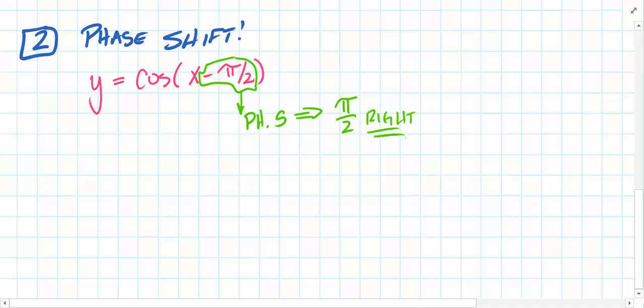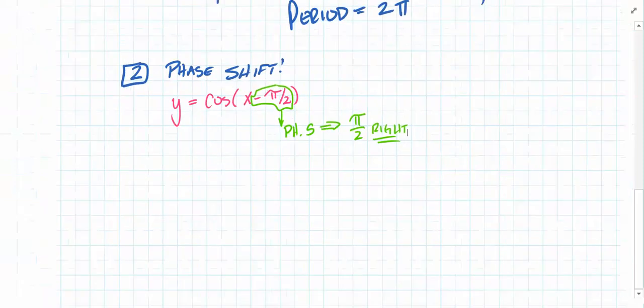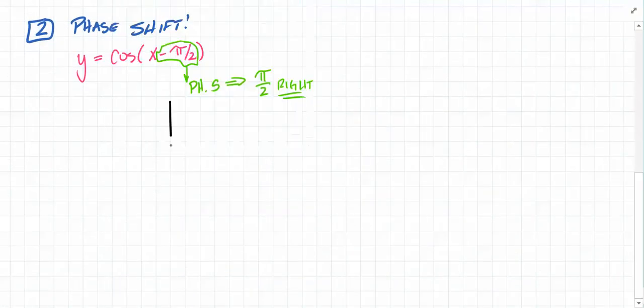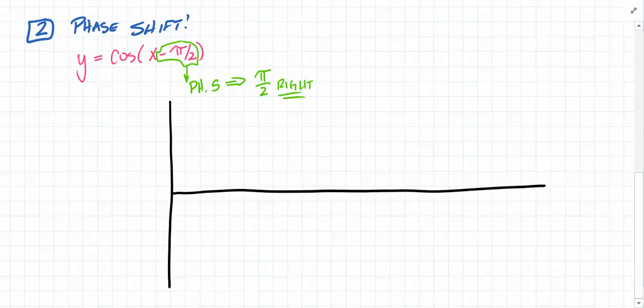So here's how you would do this homework problem, or this problem on a test or a quiz, using transformations. If I know I'm going to the right, then I'm going to give myself some room on the right-hand side. So I'm going to draw a normal curve from 0 to 2 pi, put pi in the middle, pi over 2 on the left, and 3 pi over 2, and draw a normal cosine curve.